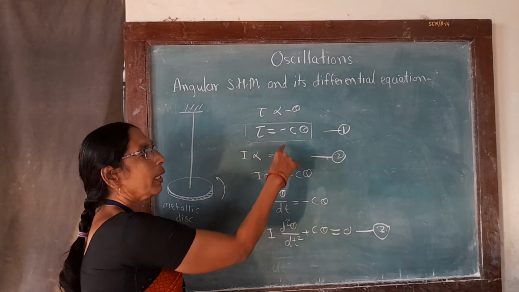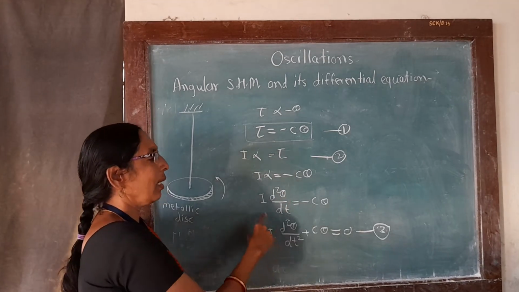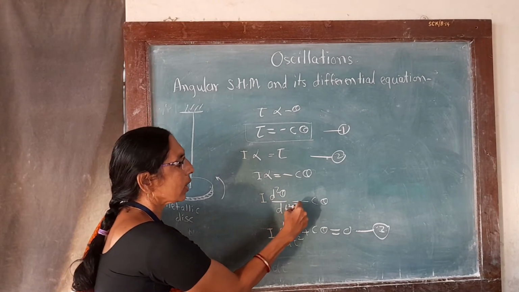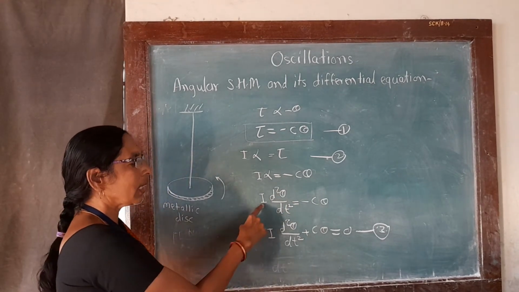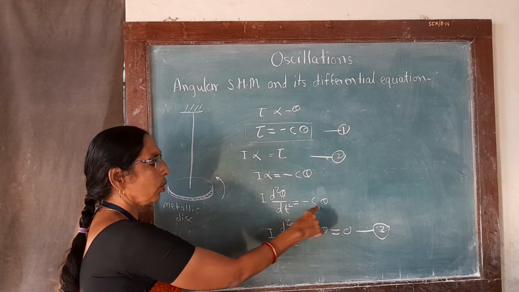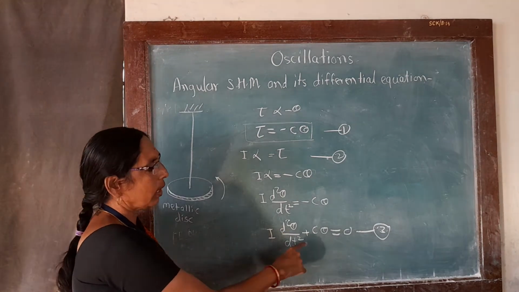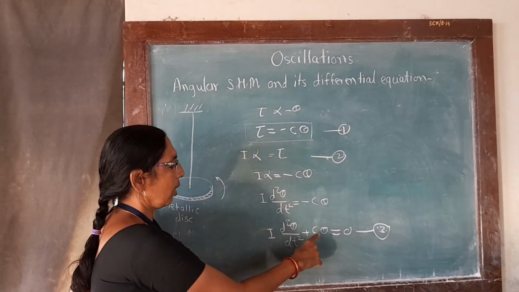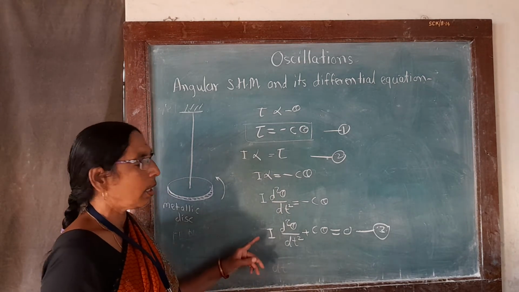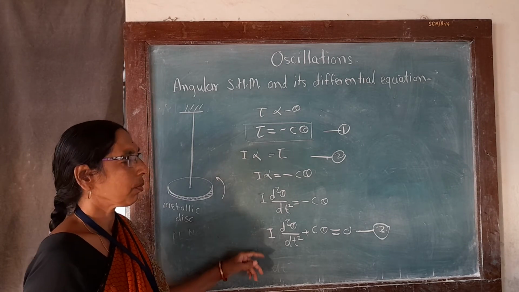So if we compare these two equations, I alpha is equal to minus c theta, and the value of alpha is d2 theta by dt square, and hence I into d2 theta by dt square is equal to minus c into theta. That means I into d2 theta by dt square plus c into theta is equal to 0. This equation is called the differential equation of angular SHM.